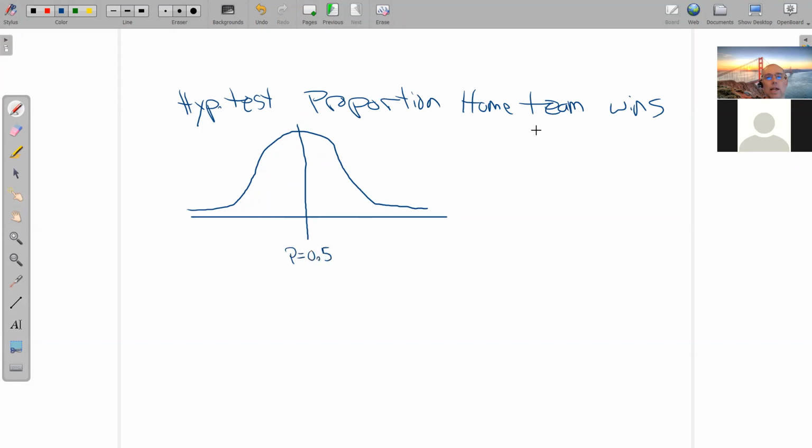Okay? And the alternative determines what type of test we're going to run. So my alternative hypothesis, HA, is P is greater than 50%. We think the home team does have an advantage as the alternative. Since that's a greater than, it points to the right, so this is a right tail test.